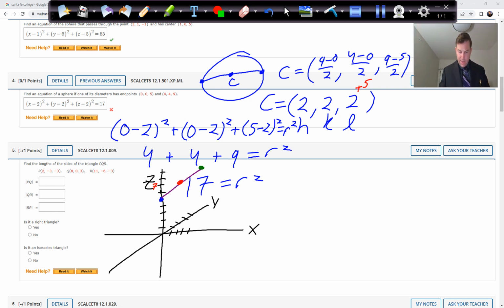So all we should have to do is change this to a 7 right here. And that will change this though. So now we get 5 minus 7 is going to be negative 2 squared, which is another 4. And so we should have gotten 12 for the radius squared.